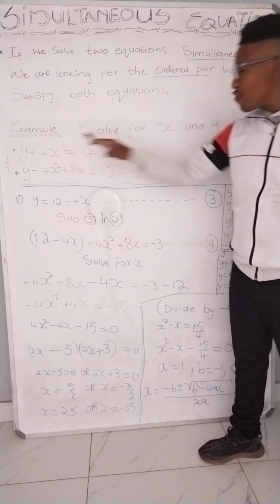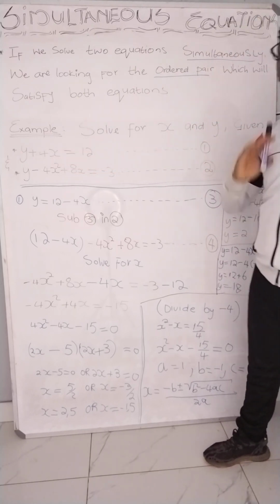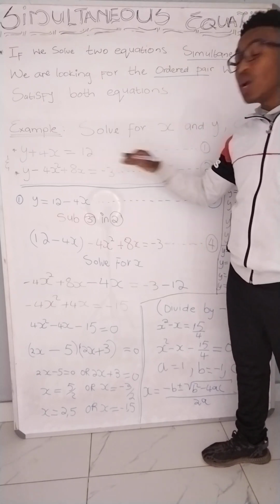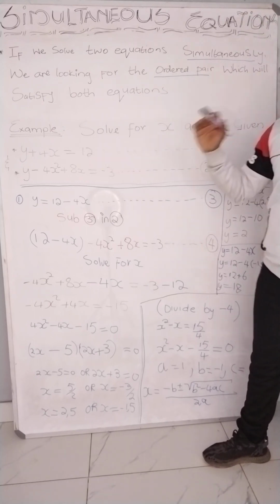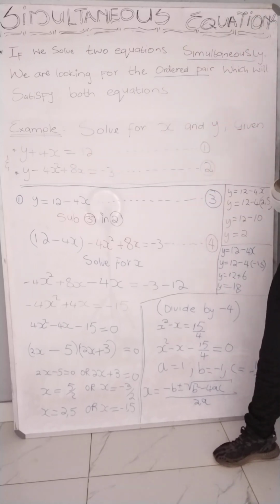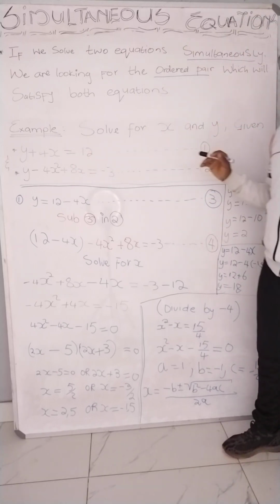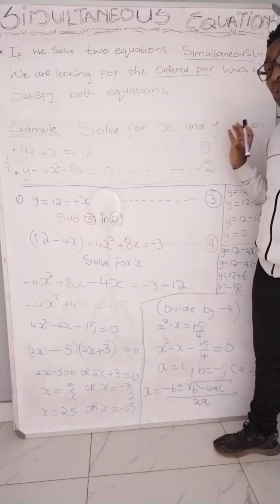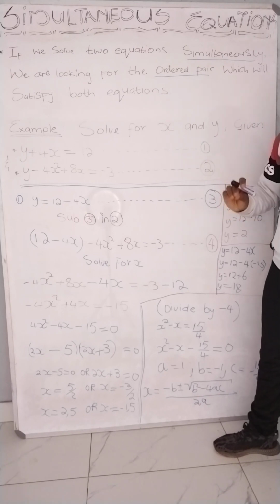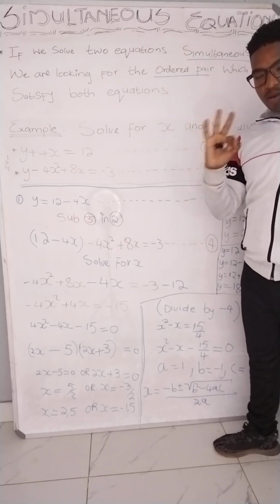But it's wise to pick the equation that is less complicated. In this case, it's the first equation, equation number 1. Now you are going to take that equation that you identified and make equation 3 from it.